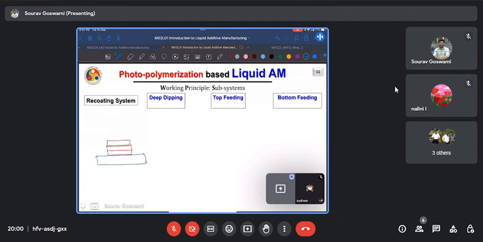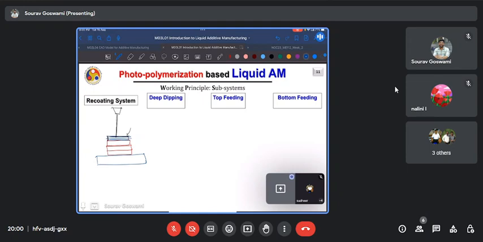And now when I want to print this next layer, I have to coat this top layer with a layer of the liquid resin. Then this liquid resin will be exposed or cured by the energy source, say by a laser in this case. And again, it'll form the next layer. But how do I coat this top layer with this new layer of resin?